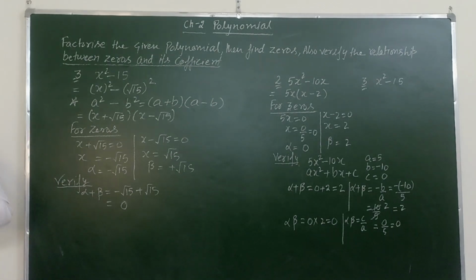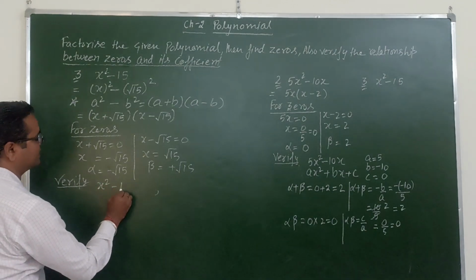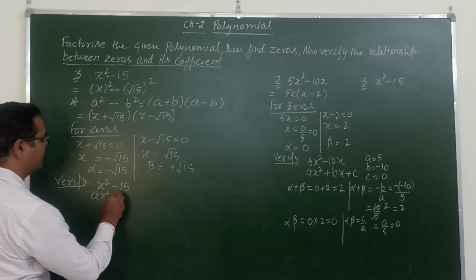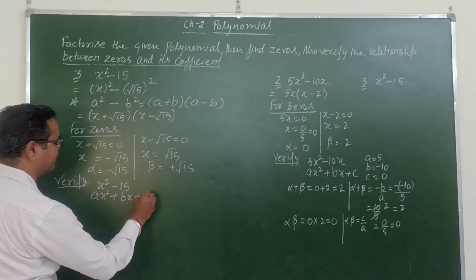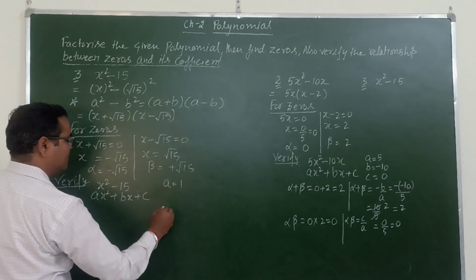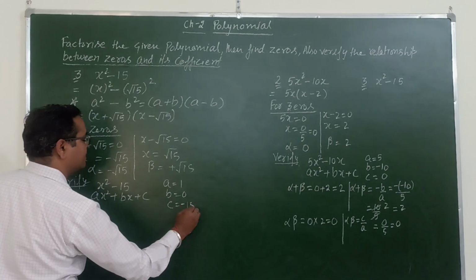Comparison is missing. So first we will compare and find the values of a, b and c. So we will compare x square minus 15 with ax square plus bx plus c, where the value of a is 1, b is 0 and c is minus 15.